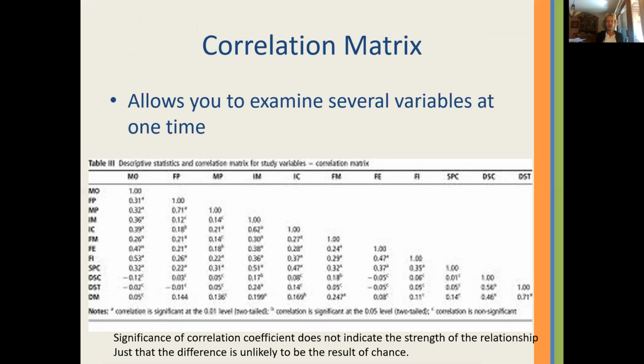And the significance on a correlation coefficient does not indicate the strength of the relationship, just that the difference is unlikely to be the result of chance. So you have the strength, which we've already talked about, and then you also have an indication of significance, if it's thought to be as a result of chance or not.